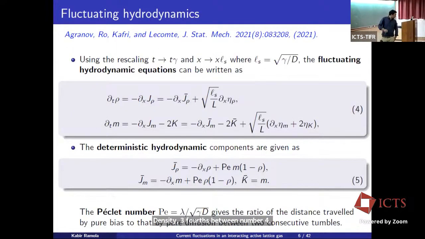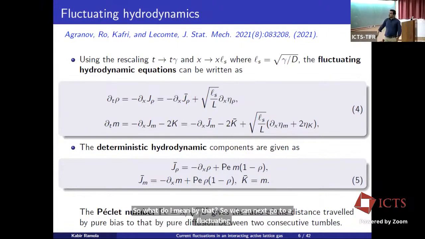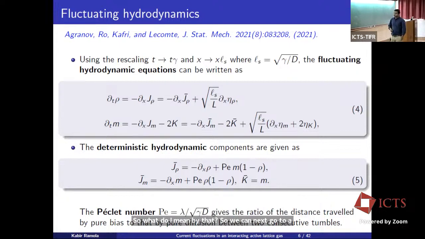So we can next go to a fluctuating hydrodynamics framework, which was again developed last year. You take exactly the same equations, the hydrodynamic equations, and now you add noise to them. And so this is just the continuity equation for the density, continuity equation for the magnetization. As I said, there was a non-conservative term. So there's a non-conservative term here for the magnetization.